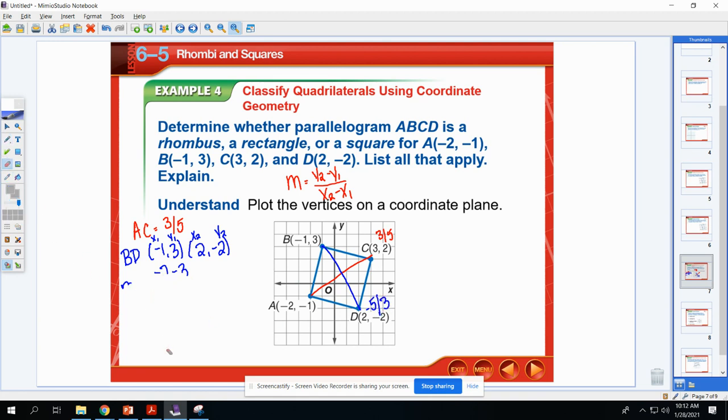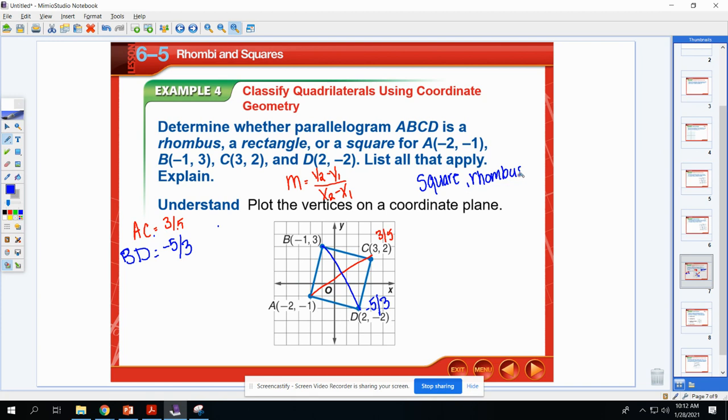So when I put these two slopes together, it is very easy to see that these are, in fact, negative reciprocals. So we have a +3/5 and -5/3. Those are negative reciprocals. So I know this is either going to be a square or a rhombus or both.